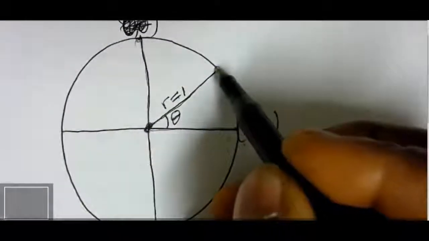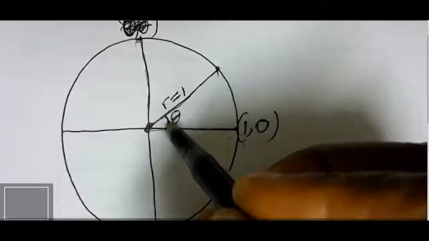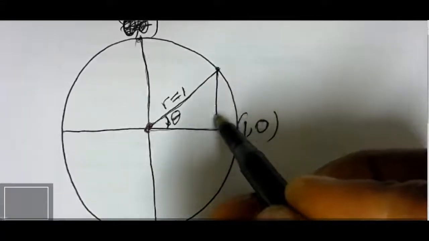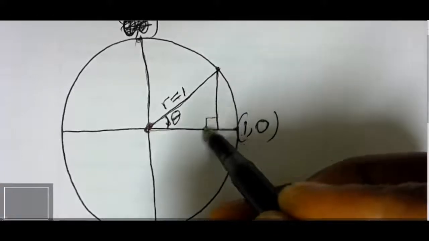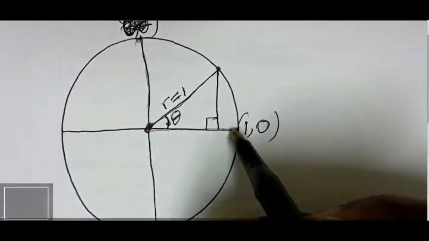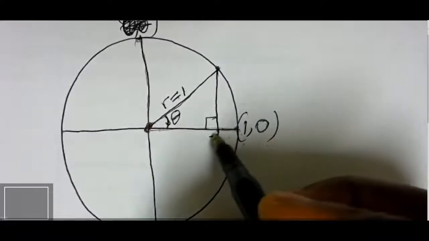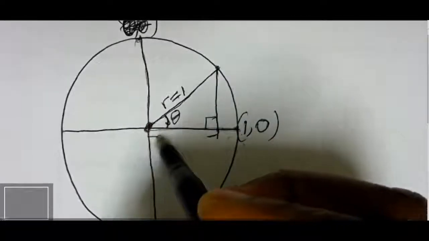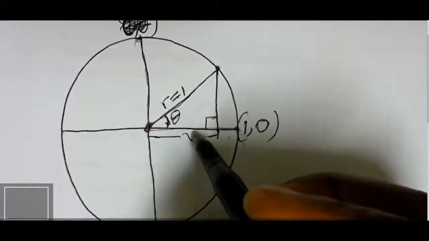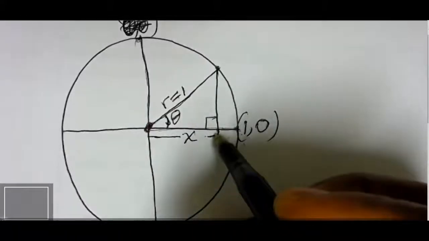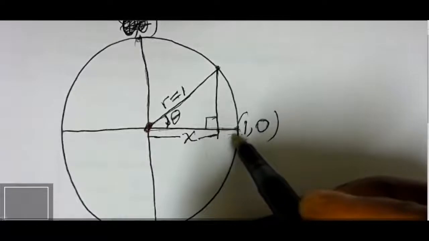But then if we draw, this is angle theta. If we draw a vertical line down here to make a right angle, that cuts this line into 2 segments. So from here to here, let's name it x, because it's less than 1 now.